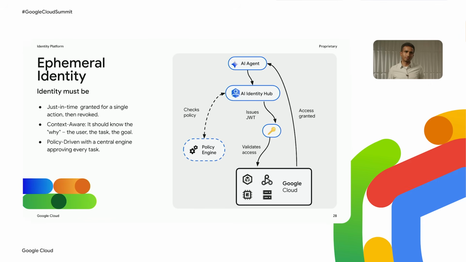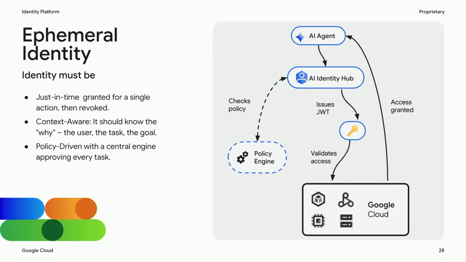So, how do you envision tackling this challenge of intent? And this leads us directly to our vision for the future: ephemeral identities for autonomous AI agents. Let us quickly walk through the flow. An agent requests access from a central AI identity hub, providing its context and intent.